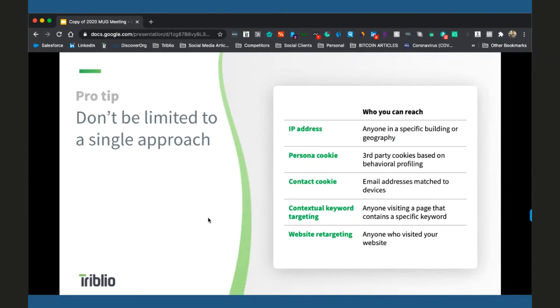Yeah, absolutely. That's a great point. For the most part, in today's COVID world where everybody's working from home, we find that a lot of our customers are pivoting away from doing any type of IP address targeting. That was a very small percentage of our customers, because if you're thinking about ad spend, it's a very easy way to blow through a marketing budget.